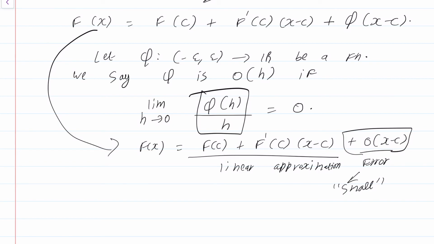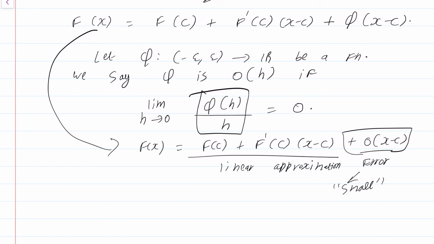Only then will the limit as h goes to 0 of phi of h by h be equal to 0. It's not just smaller, it's much smaller than h, so that when you take the quotient, you still approach 0, right? Usually dividing by 0 leads to infinity, but that's not what is happening. You're getting limit 0. So that's quantifying how small the error term is.